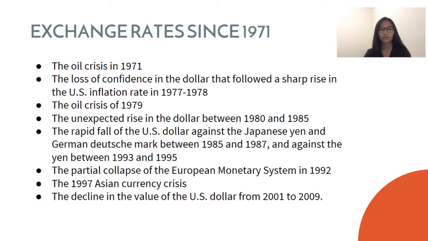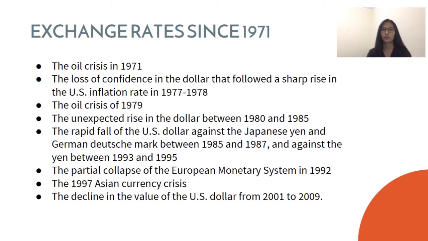By 2002, foreigners had started to lose their appetite for US stocks and bonds, and the inflow of money into the US slowed. Instead of reinvesting dollars earned from exports to the US in US financial assets, they exchanged those dollars for other currencies, particularly euros.